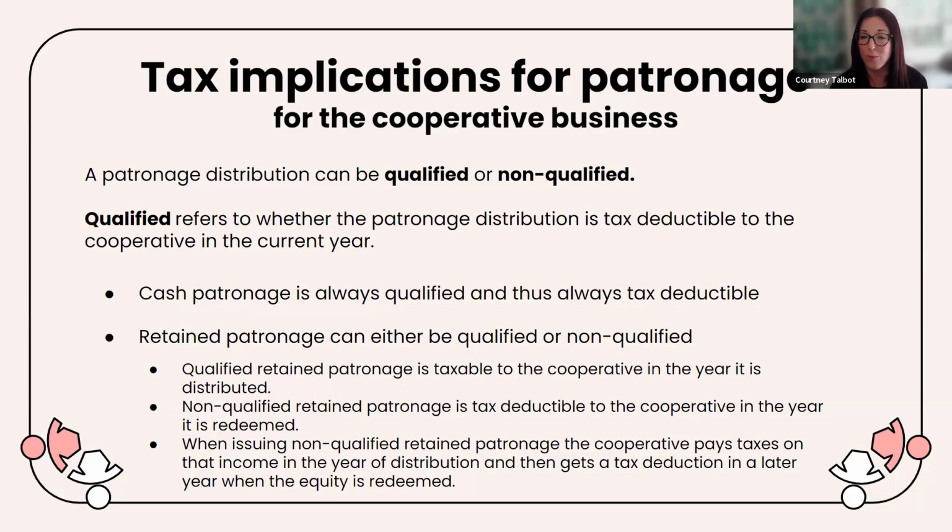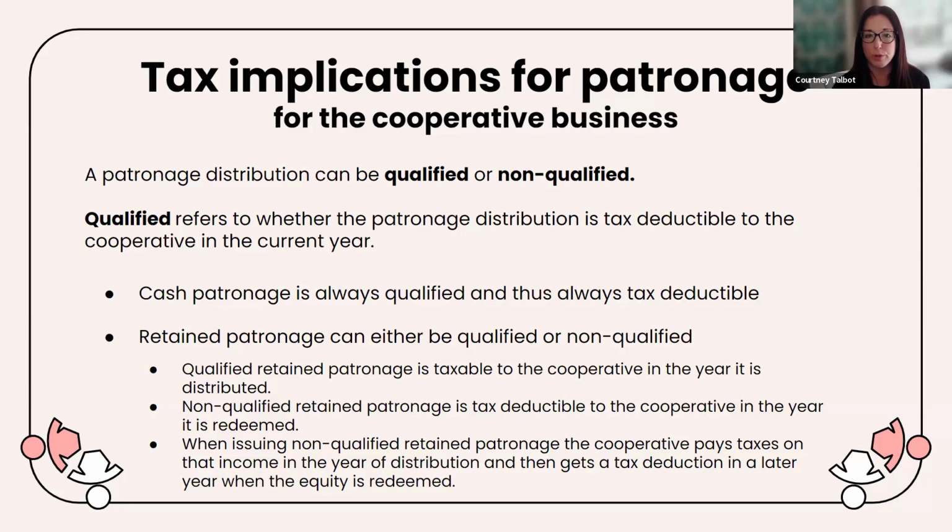While this information is great, I know this can be confusing, so please refer to a CPA if you have specific questions on how this will work in your cooperative. But here's some basics, and here's some tax implications for the cooperative itself, because we're looking at this from 2 angles, from the cooperative business standpoint and from the worker owner standpoint.